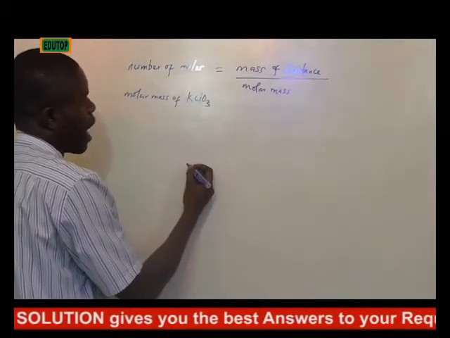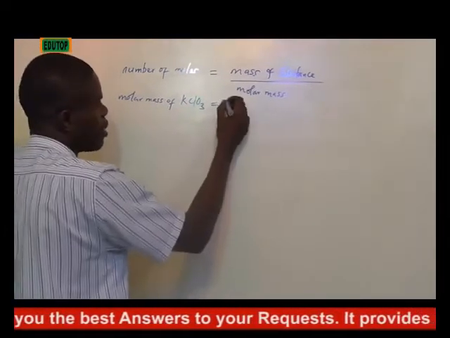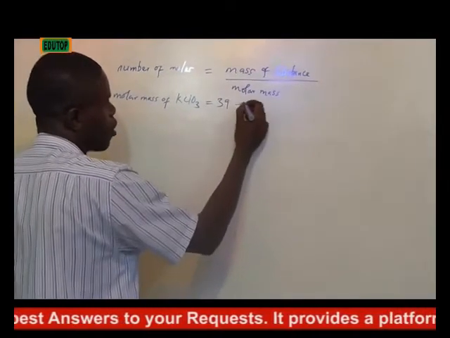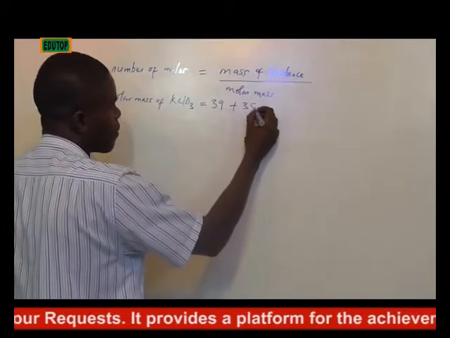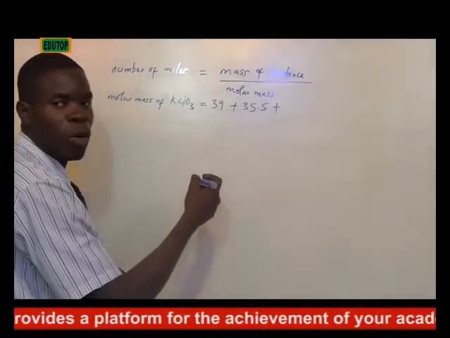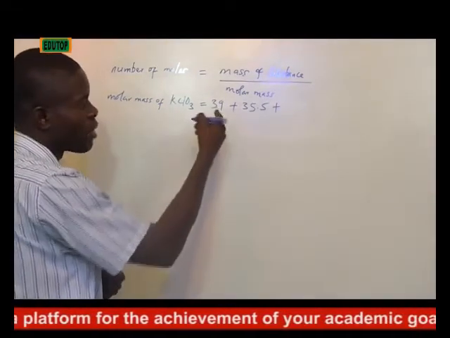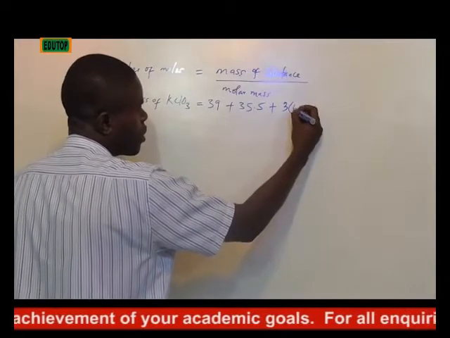trioxochlorate 5 is equal to potassium from the question is 39 plus chlorine from the question is 35.5 plus oxygen from the question is 16. And since you have 3 atoms of oxygen, then you have 3 into 16.